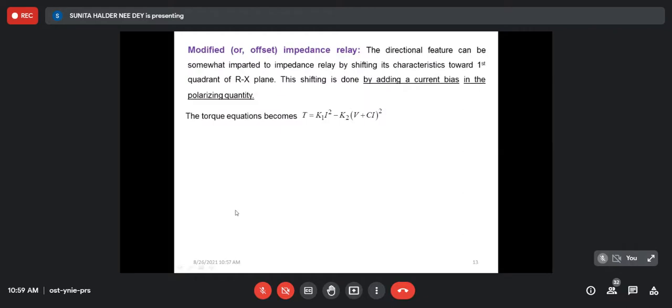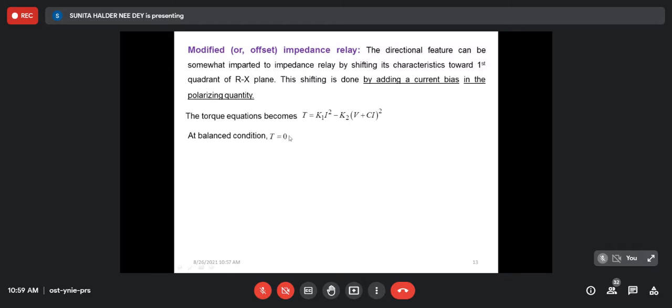Now, to overcome the problem of the directional feature, the offset impedance relay is derived. What is an offset impedance relay? Along with voltage bias, if we provide a particular percentage of current bias, then we can shift the characteristic of the relay.